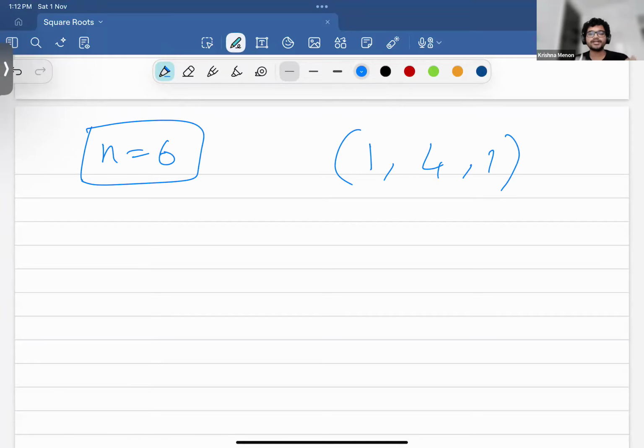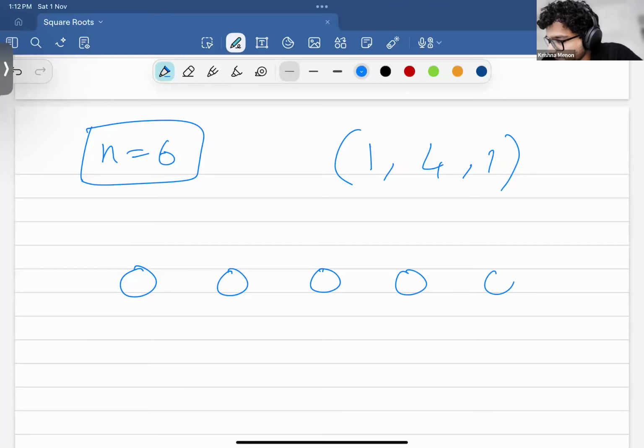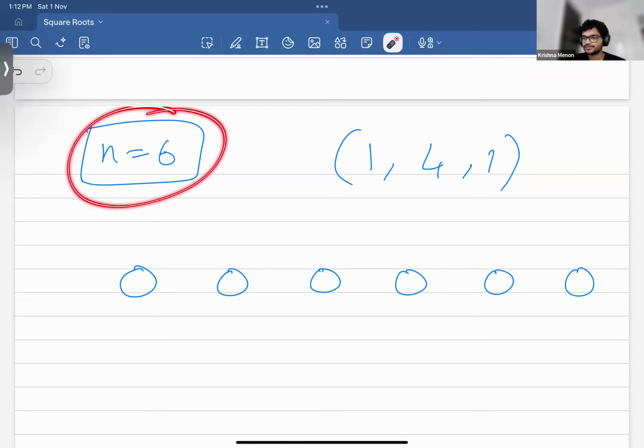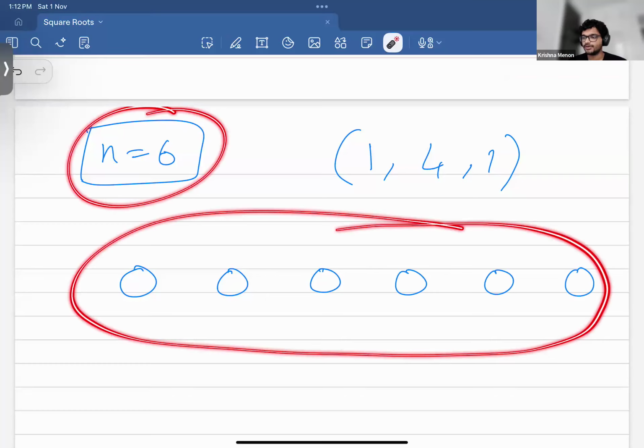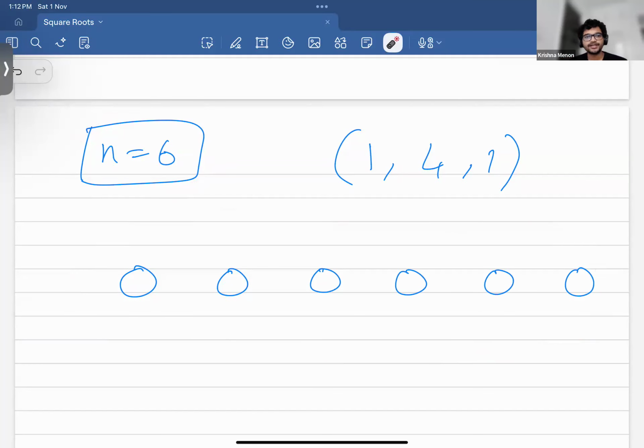The first part is 1, the second part is 4, the last part is 1 again. So you draw 6 balls. This represents the number 6 over here, so that's why we have drawn these 6 balls. And we're going to split it into 1, 4, 1.